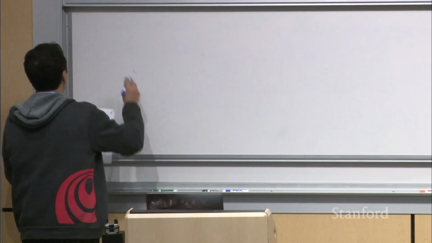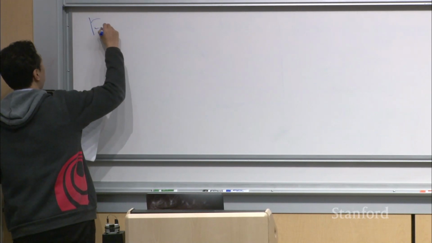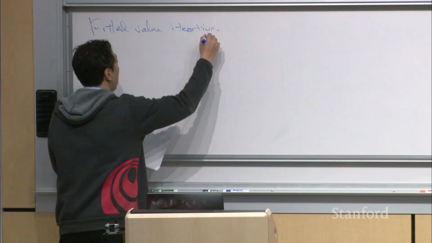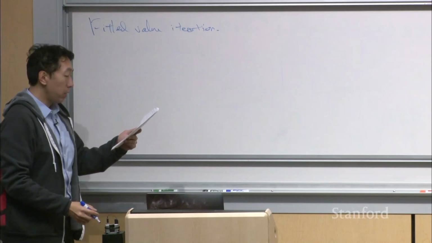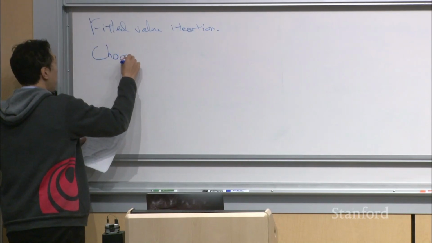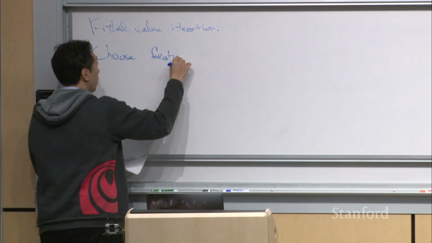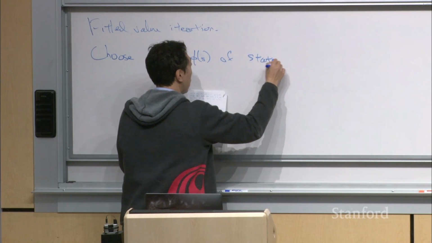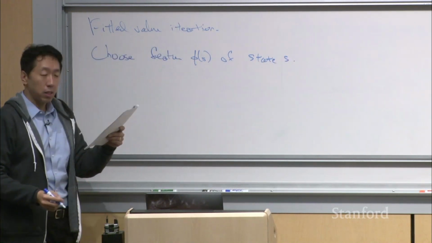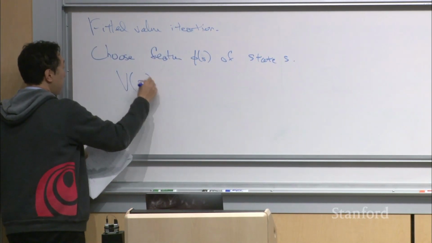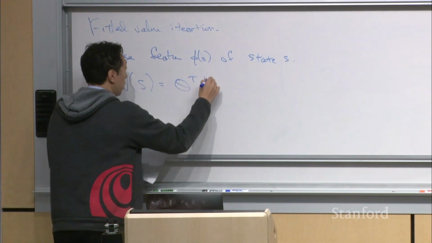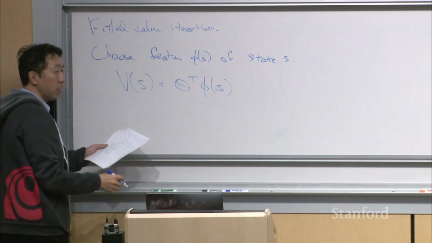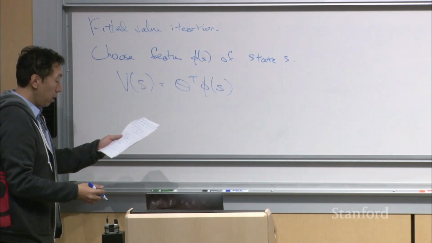In order to apply fitted value iteration, the first step is to choose features of the state S. And then we'll approximate V star using a function V of S, which is going to be theta transpose phi of S.